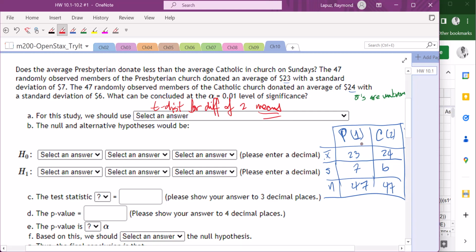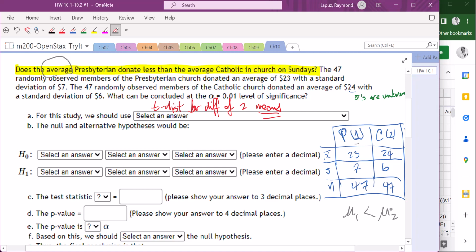So here is the statement that they have. To translate that, we're looking at the word average as the mean. This is population 1, so mu, the mean for the Presbyterian, is that less than the mean for the Catholics, which is mu sub 2.